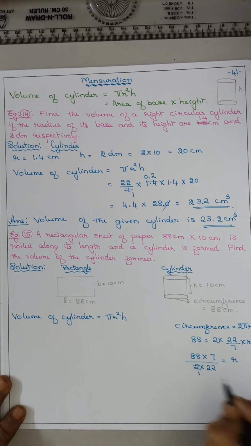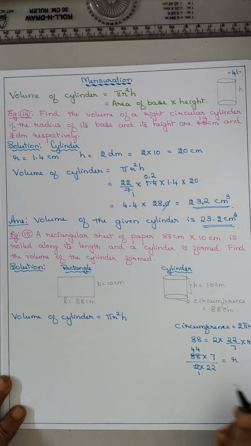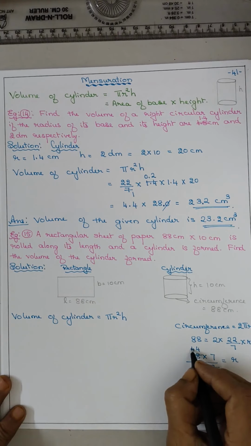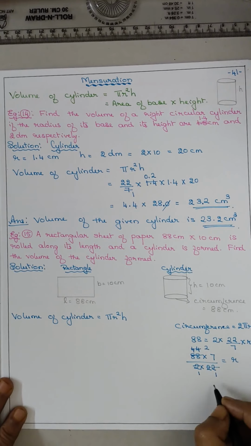Now 2 1s are 2, 4s are 8, 22 and 44, 22 1s are 22, 2s are 44. So it will be now 2 7s are 14. R is equal to 14 centimeter.